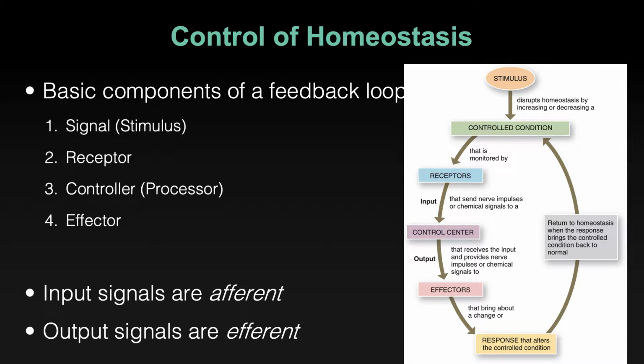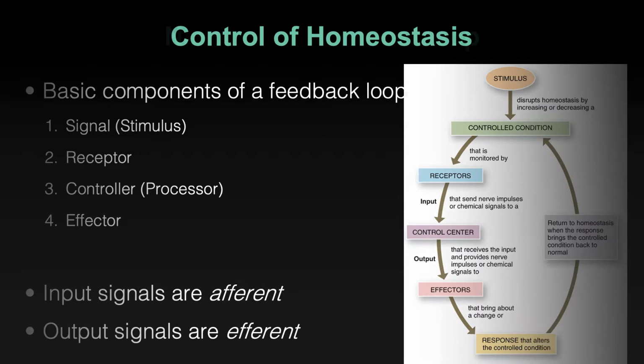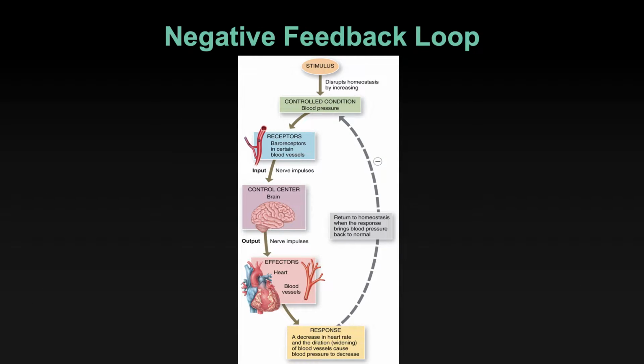So an example that I mentioned a few times last class was that of blood pressure. I'm going to use blood pressure as an example of a negative feedback loop. So on the last slide, we talked about feedback loops in general. Something is compared and an action happens. A negative feedback loop turns down or diminishes.